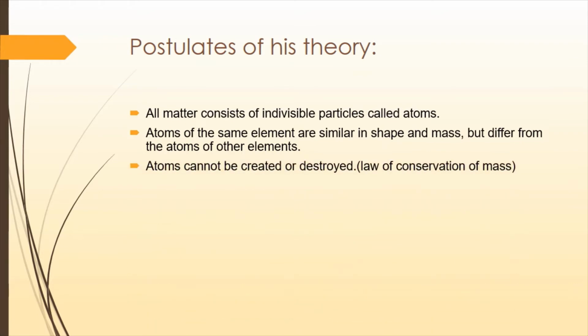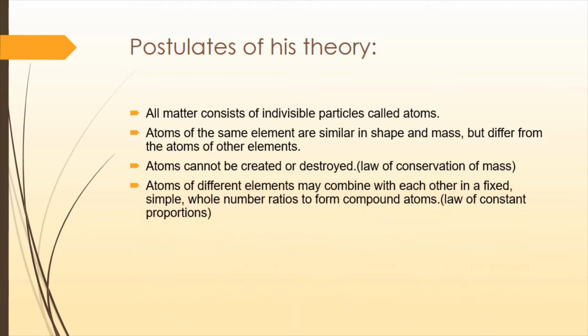Next, atoms cannot be created or destroyed, and obviously they will have some constant mass. Therefore, the mass of the element in any reaction must be conserved. Next, atoms of different elements may combine with each other in fixed simple whole number ratios to form compound atoms.